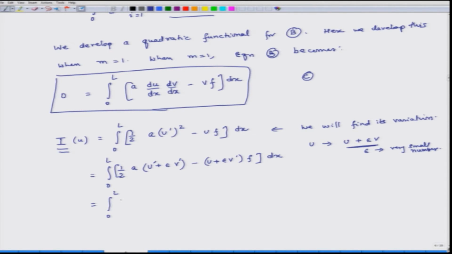The integral from 0 to L of half, there is a square term here, right. So half a times (u prime square plus 2 epsilon u prime v prime plus epsilon square v prime square) minus (u plus epsilon v) f dx.